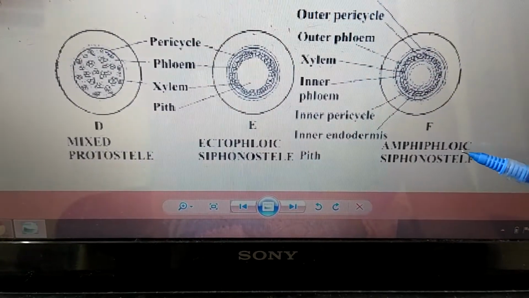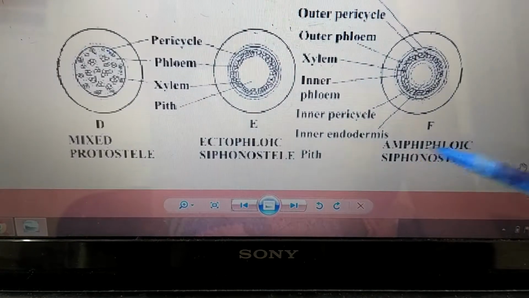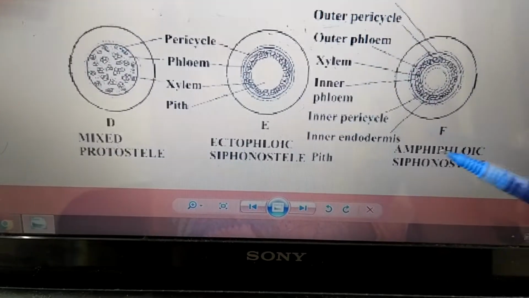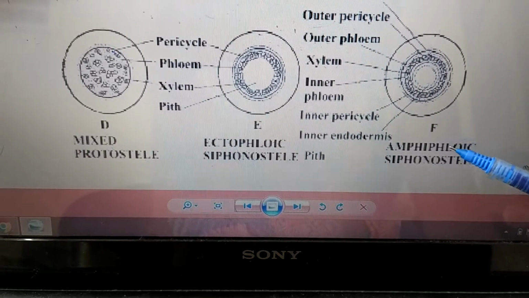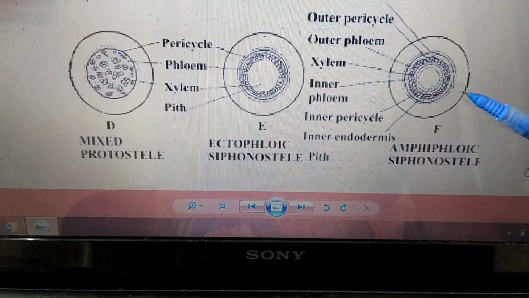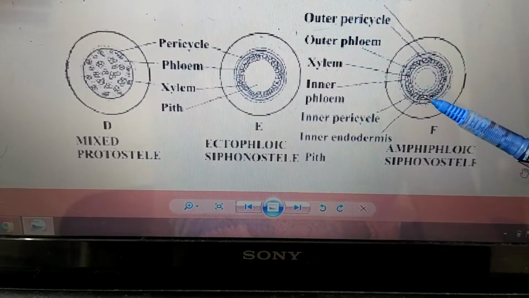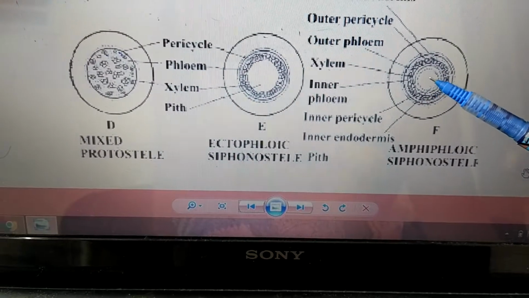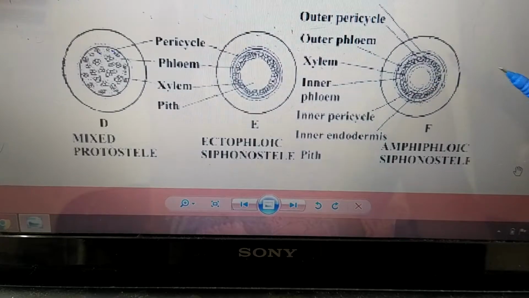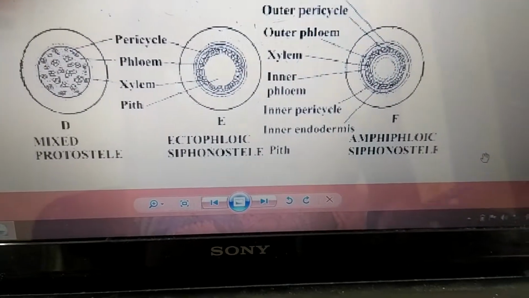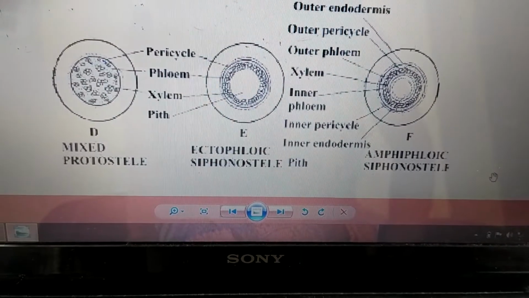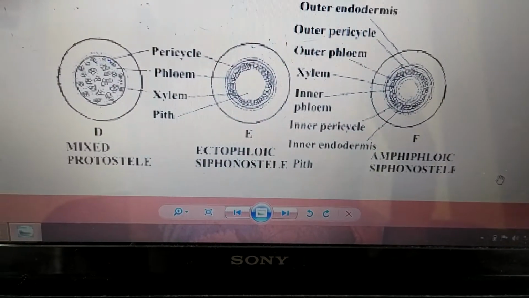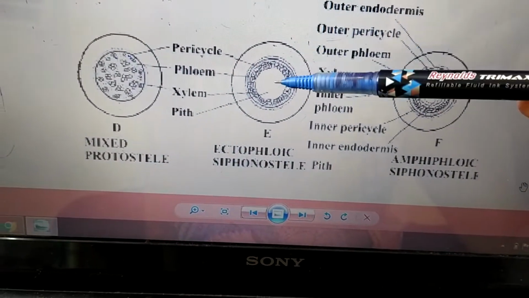Whereas in case of amphiphloic, amphi means two, phloic, again phlo is nothing but phloem. There will be presence of two phloem, such a stele where there is a presence of two phloem with a central pith is called amphiphloic stele.